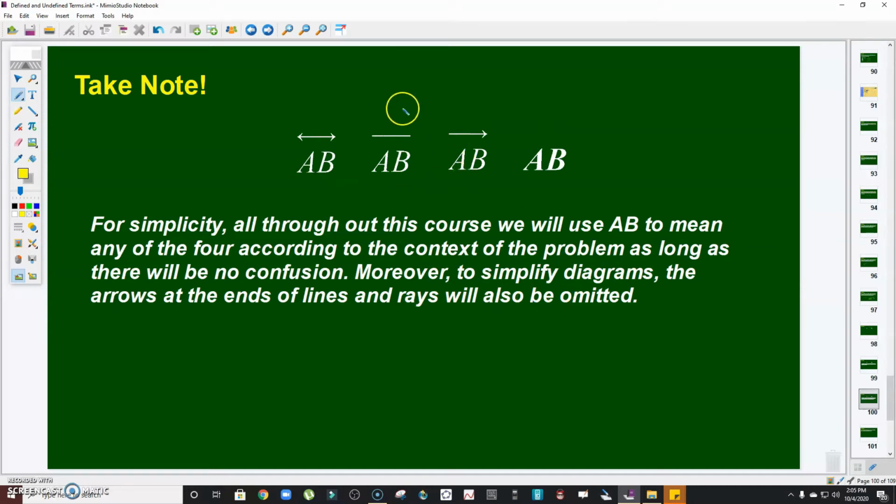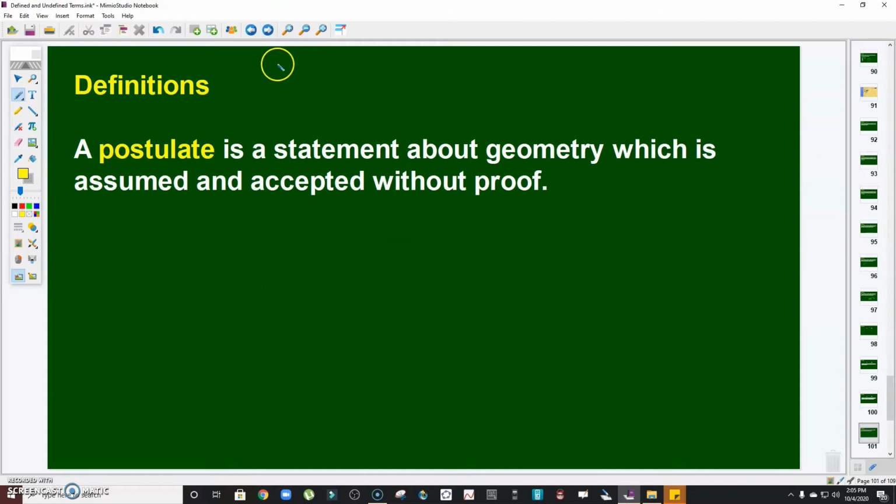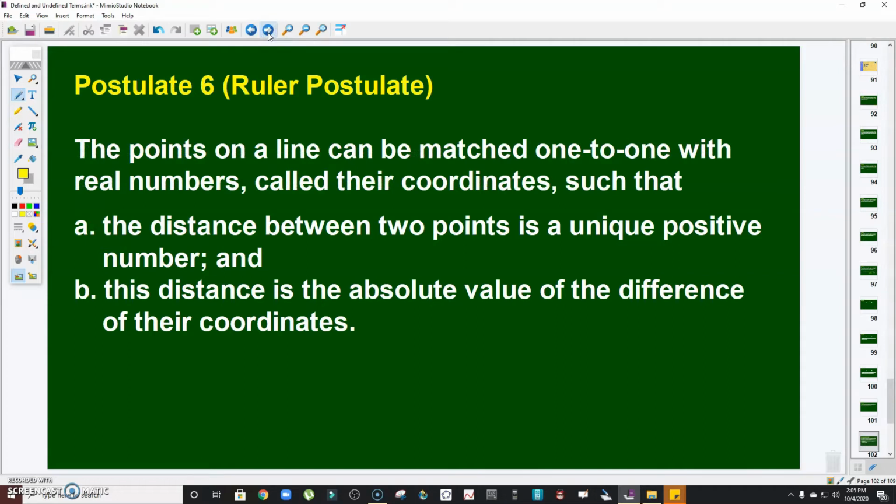At clear? Okay, next. So, in the previous video, we discussed postulate, right? So, again, balikan natin, when we say postulate, it is a statement about geometry which is assumed and accepted even without proof. Okay, so, next, the sixth postulate, the ruler postulate.